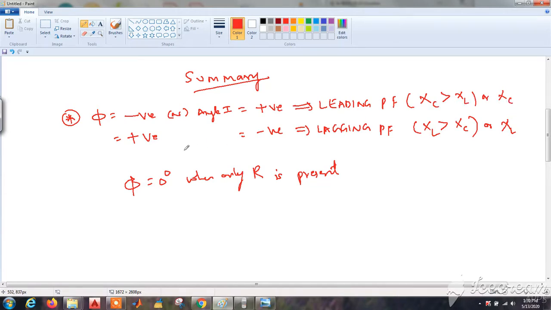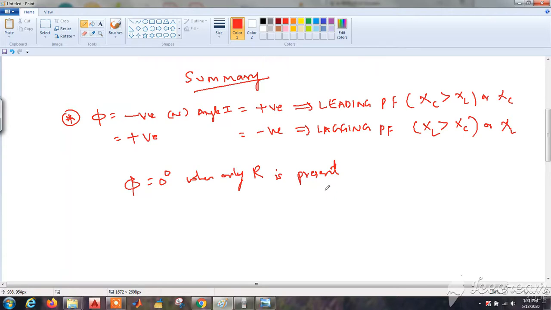Similarly, the opposite is lagging power factor, when inductive reactance is more, or the circuit consists of only an inductor, or when inductive reactance is more than capacitive reactance, or an RL circuit also. And the power factor angle is 0 degrees when only a resistive element is present, that is only R is present.